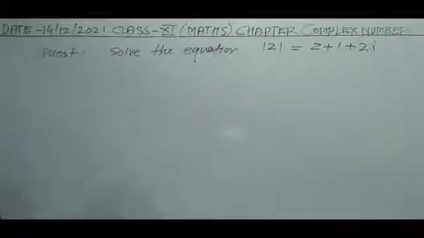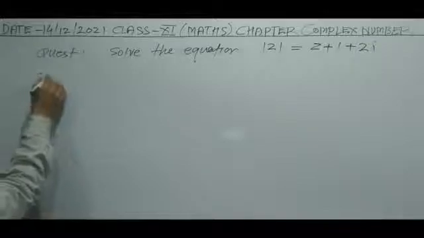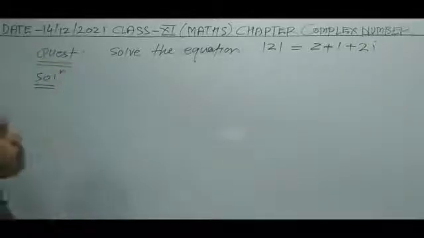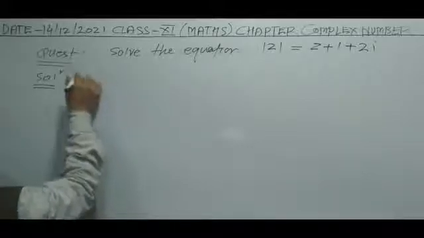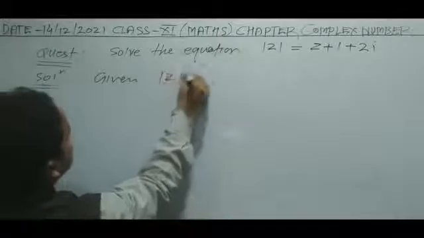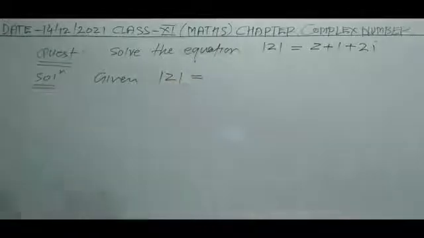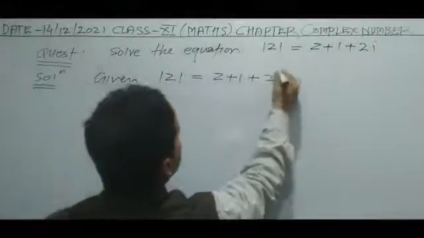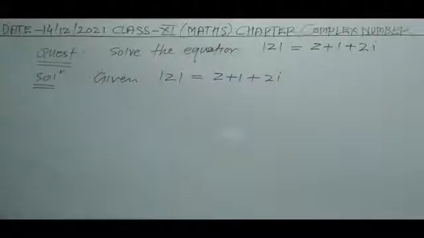Now see the solution. The solution is: you have given mod of z is equal to z plus 1 plus 2i.